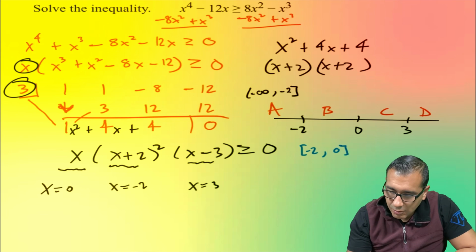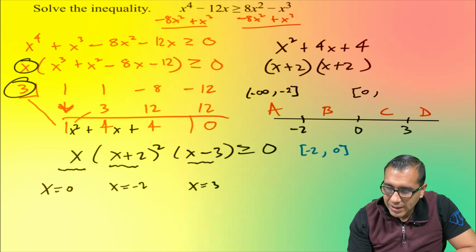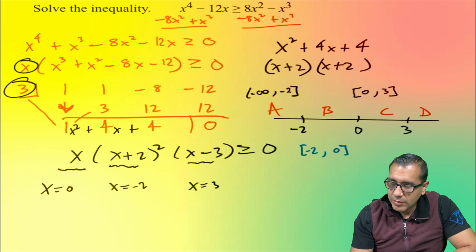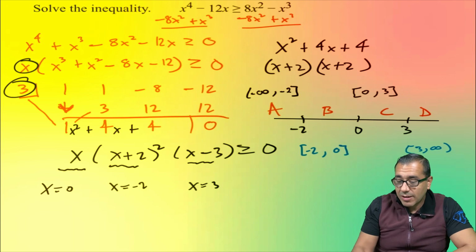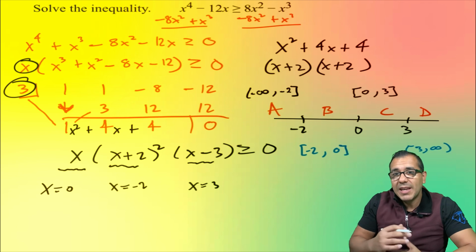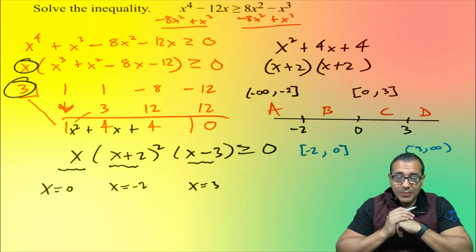I just don't want them to be squished in here together. So region C is from 0 to 3. And then the last region, D, is from 3 to infinity. So what you're gonna type down below is which regions, A, B, C, or D, or what combinations is our solution. All right, mathletes.